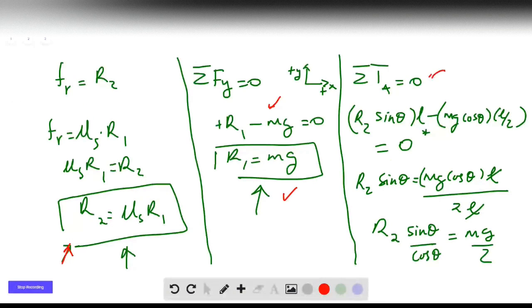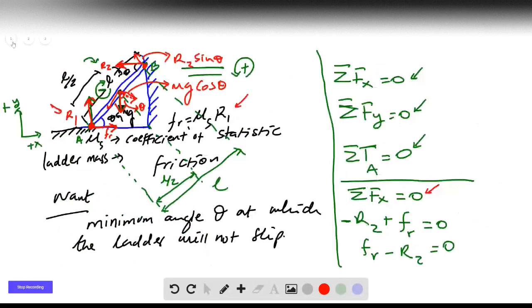And then finally, we take the torque around A, assuming that the sum will be 0, plugging in the forces involved. The first one is the one connected to R2 sine of theta, and then the second one is the one connected to the weight, which is mg.